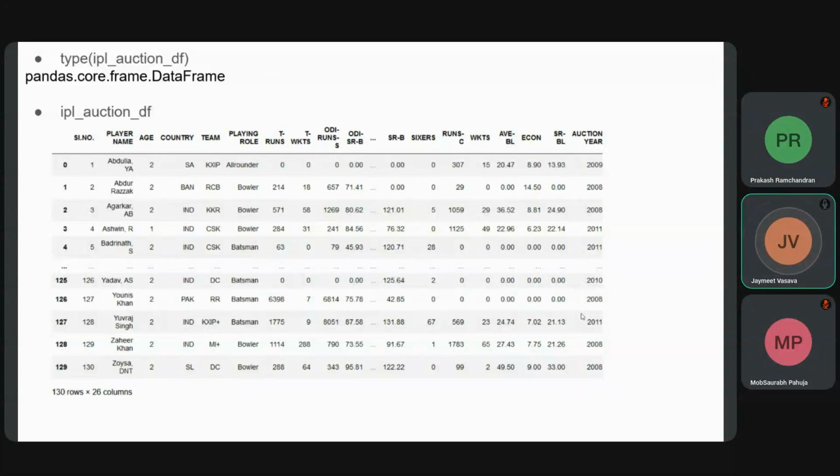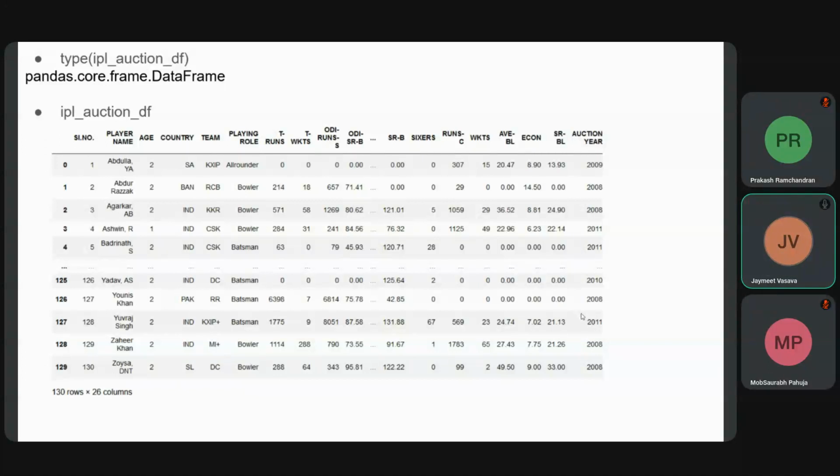Just like in Python, we have a type function over here as well. If we type and give the data frame into it, it will tell us the type of the frame it has.